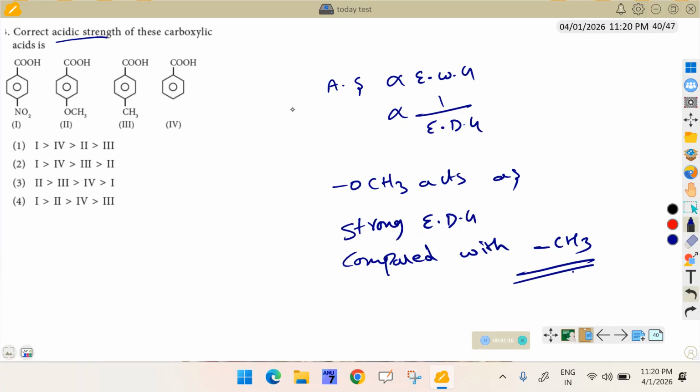Based on this, NO2 is an electron withdrawing group, here there is no electron donating or withdrawing effect, this is an electron donating group, and this is a strong electron donating group. It starts with 1 and ends with 2. Second option.